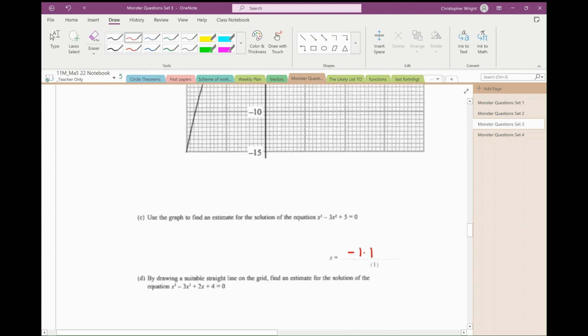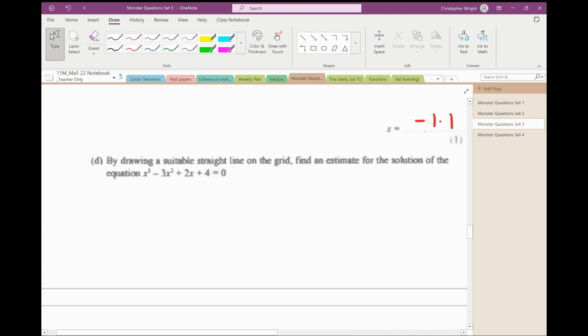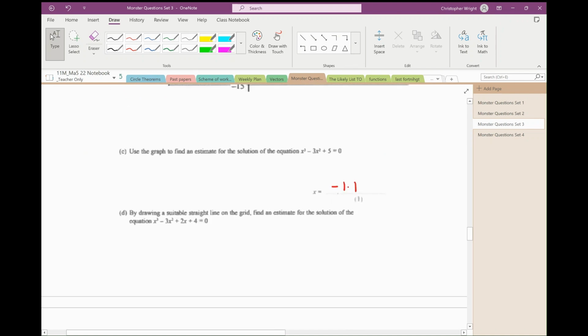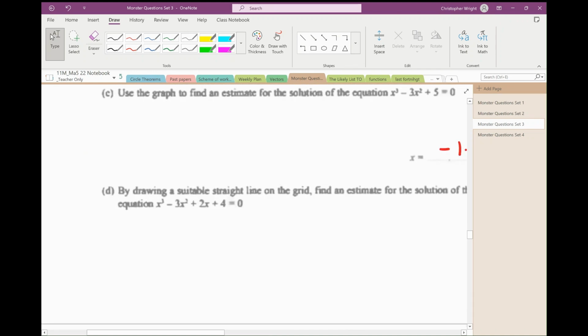By drawing a suitable straight line on the grid, find an estimate for the solution of this equation. Right, now, the graph I've got on the grid already is this one. So I need to rearrange the equation I'm given so that I've got on the left-hand side the line I've already got and see what expression I get on the right-hand side.